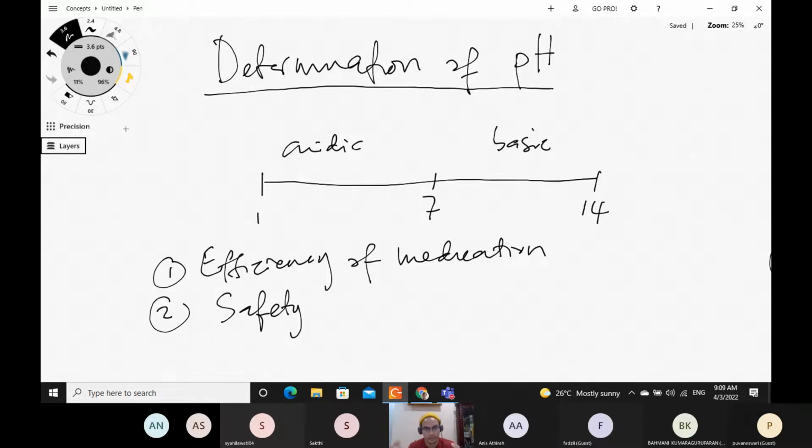So the drugs that we are eating to treat that problem mesti be efficient dalam keadaan tersebut, most acidic ataupun most basic. So kalau the pH tak sesuai, the pH of the drug yang kita makan tu tak sesuai dengan keadaan pH dalam badan kita, it will not be as efficient. Maybe dia akan take a longer time to work, okay, ataupun dia mungkin tak berkesan langsung. So that's why kita mesti make sure the pH is correct.